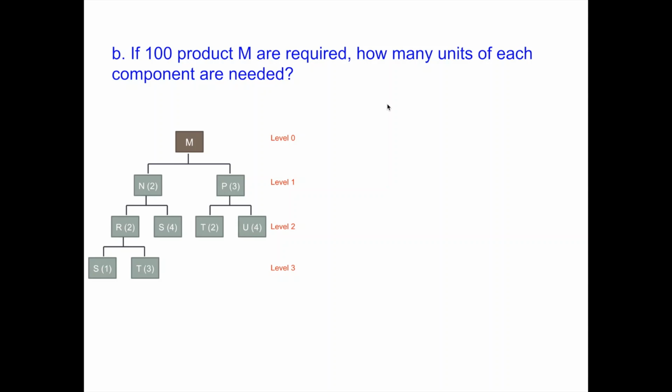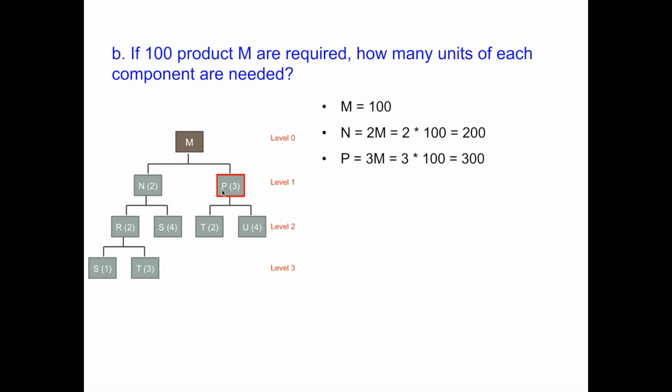Second, we need to calculate how many units of each component are required to produce 100 final product M. We can calculate quantities of each component by simple multiplication. To produce 100 M products, we need 2 units of N, which is 100 times 2 equals 200.